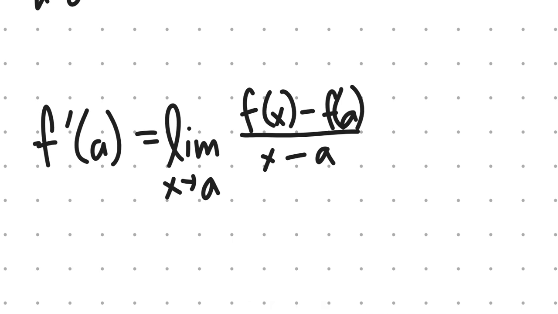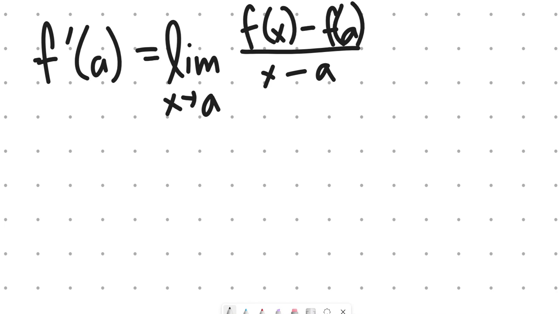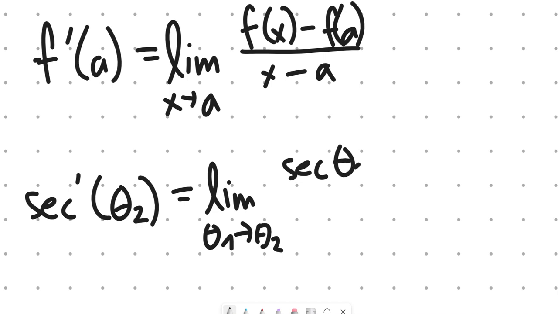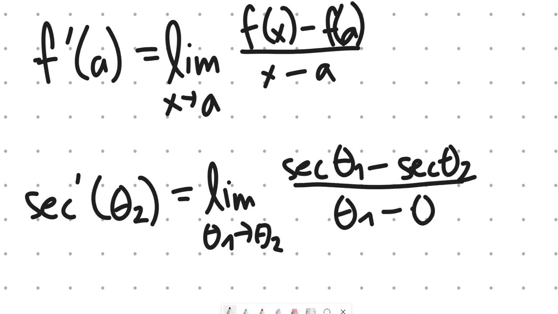So we can use this as a normal function and say that the derivative of secant at the point theta 2, let's just call it a point, is equal to the limit as theta 1 approaches theta 2 of the secant of theta 1 minus secant of theta 2 all over theta 1 minus theta 2.